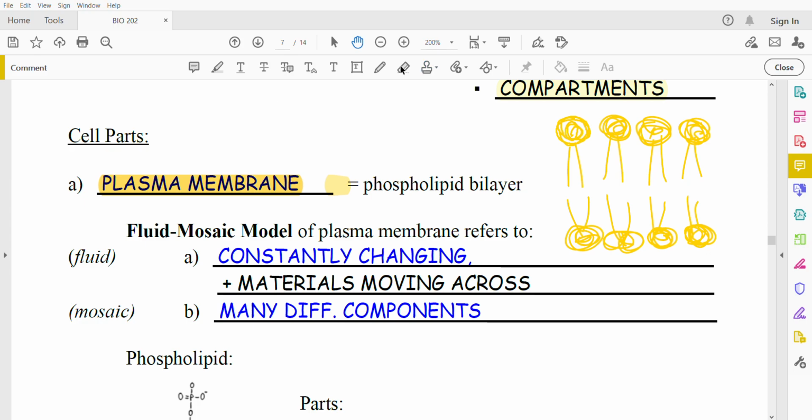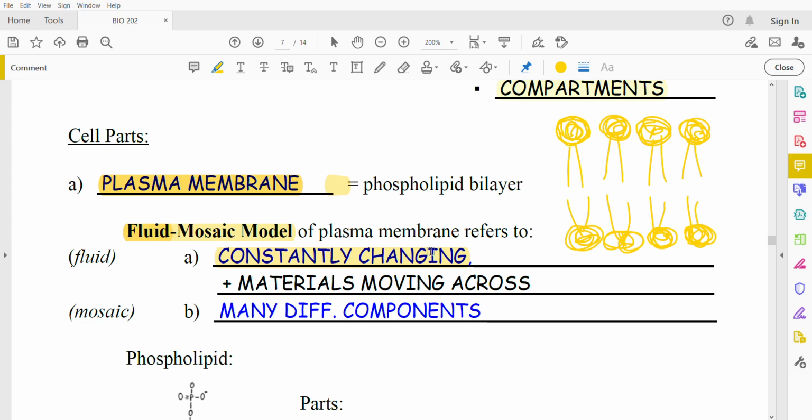Plasma membranes are also sometimes described as fluid mosaics, with this fluid mosaic model. Let's have a look at what that means. Let's start with the term fluid. Well, the fluid refers to the fact that the plasma membranes that we see in the textbooks are not really a good representation of what they are like.